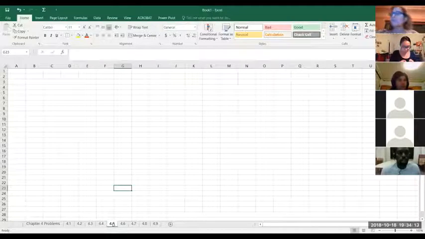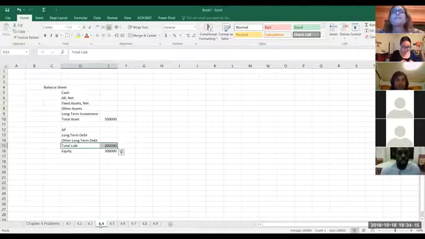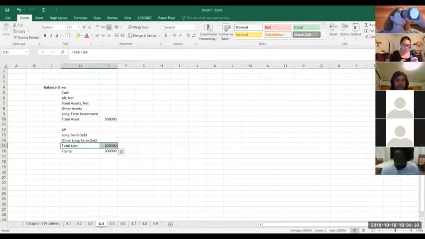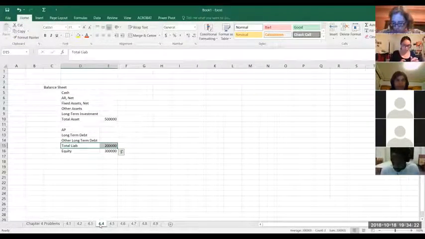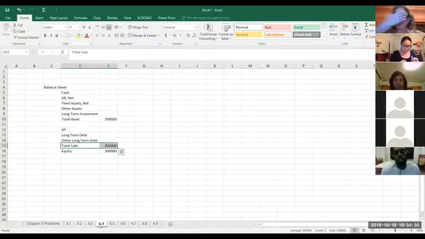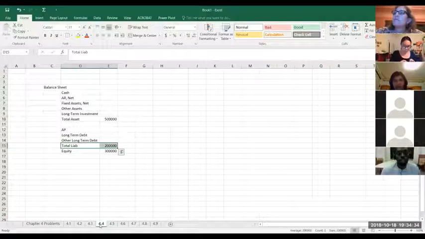I just had one clarification question. Sure. When we talk about current and long-term, I noticed in the book it uses current interchangeably as being less than 1 year, or payable in 1 year or one accounting period. Are those interchangeable, or are some accounting periods going to be quarterly, or a different time frame?